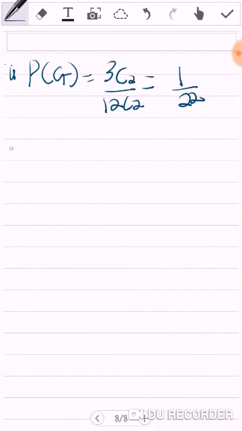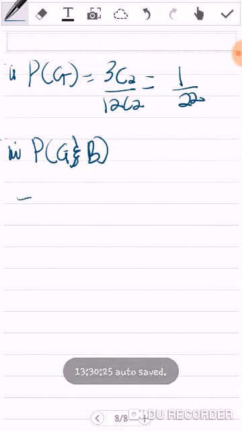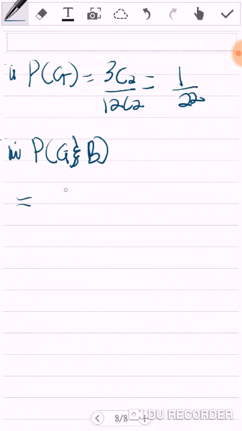Imagine I gave you another, which is the probability of a girl and a boy. So a girl and a boy. This will be the number of girls is 3, so 3 combination 1.